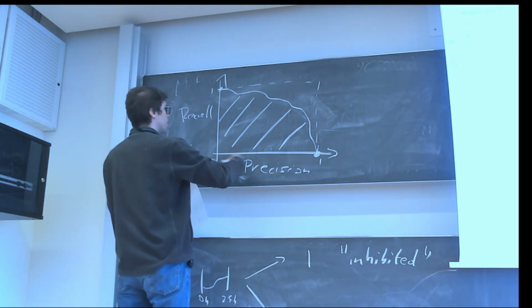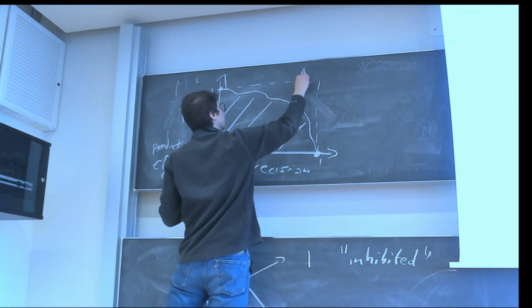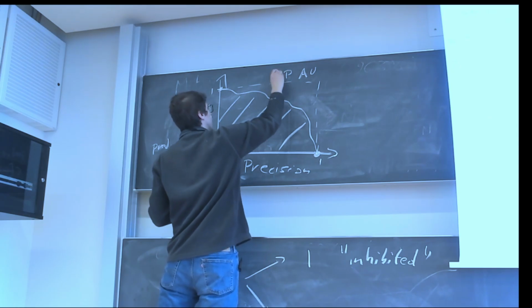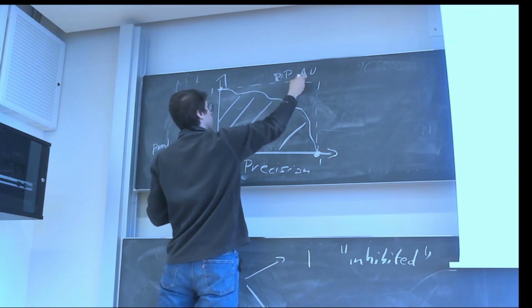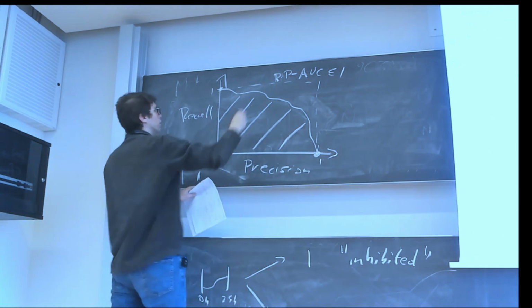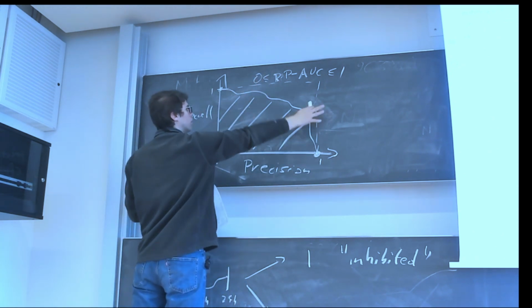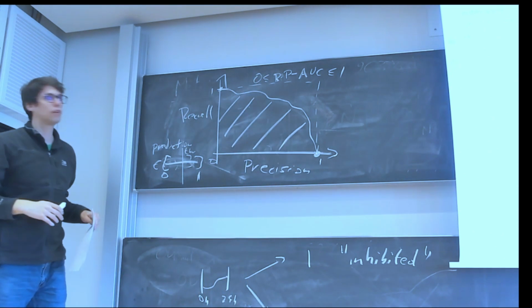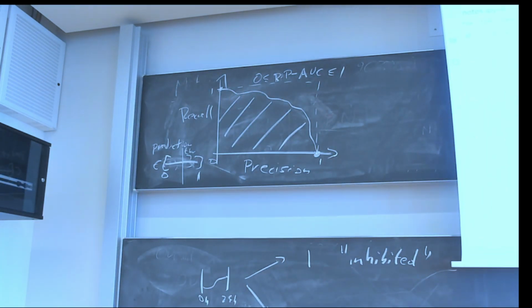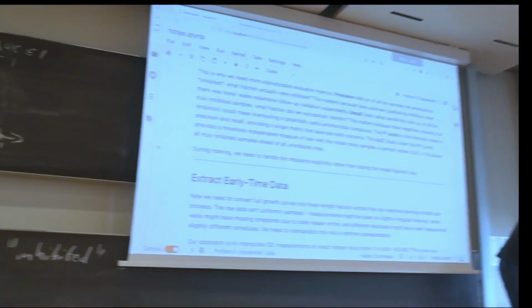So our best AUC, actually it was called the RP AUC, there are other ones, but it's the recall precision AUC, the best one would be 1, of course. We have this whole square. Of course, it's always non-negative. Okay. So these are the metrics that we're going to look at.